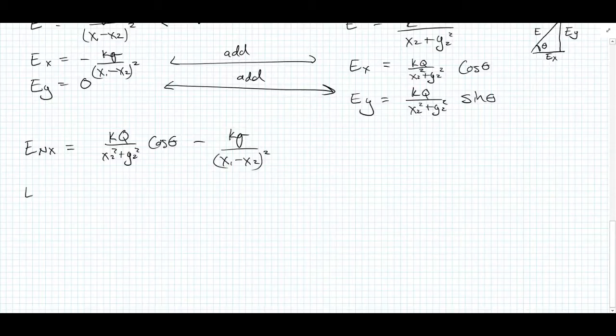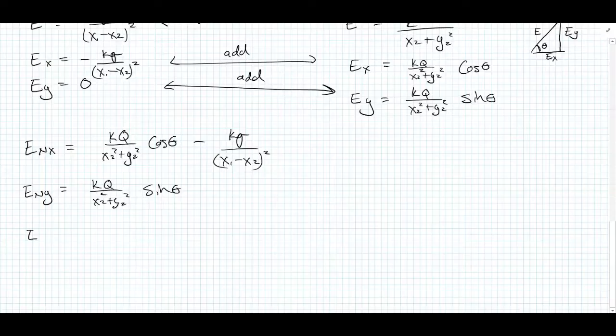And then the y component is actually just the y component of the field due to the sphere, right? Because the point charge doesn't have a y component in its field. So this is just going to be kq over x2 plus y2. There we go. So that is the net electric field components.